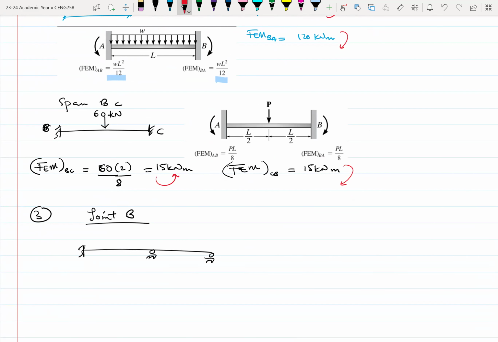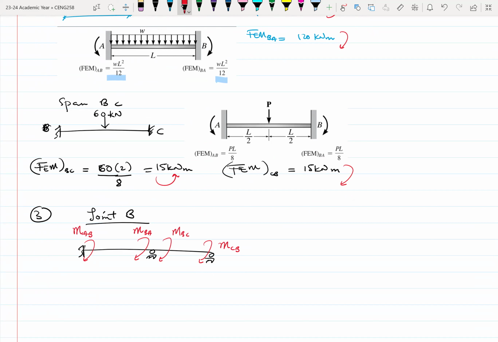So for our joint A, I have this. So this is MAB, MBA, MBC, and MCB. So this is MCB, MBC, MBA, MAB.